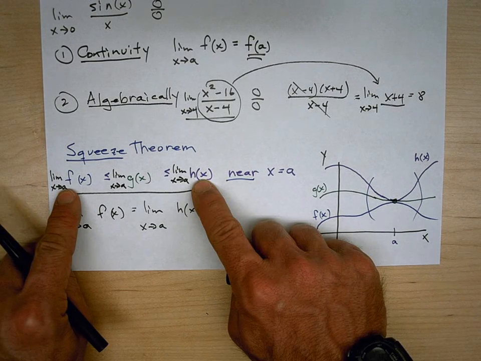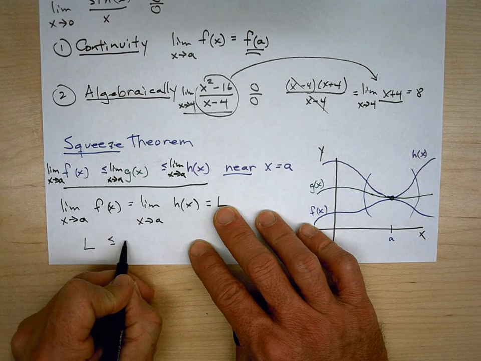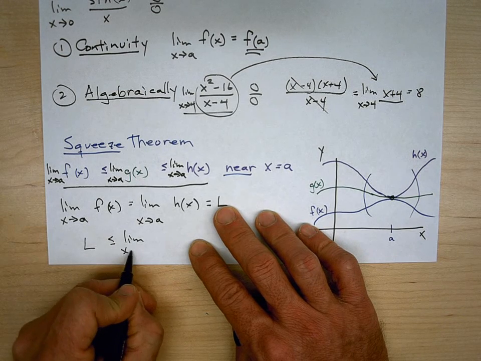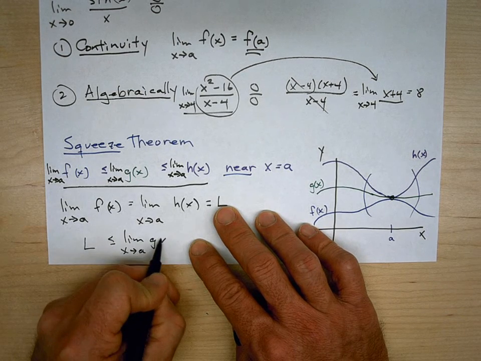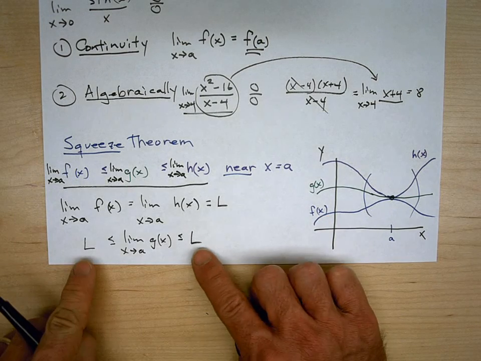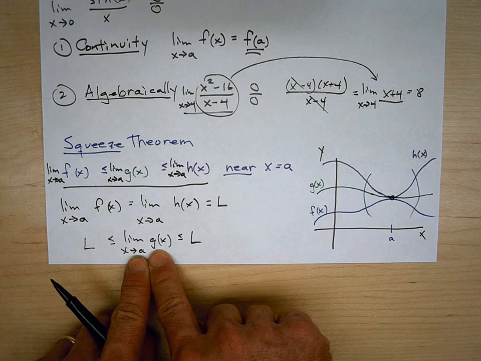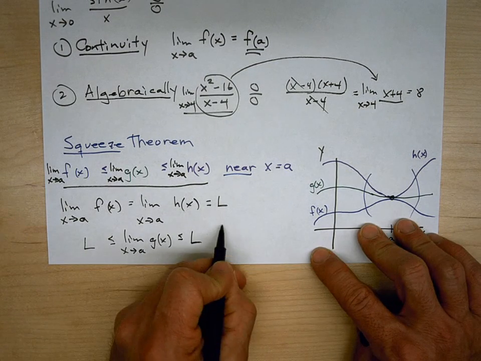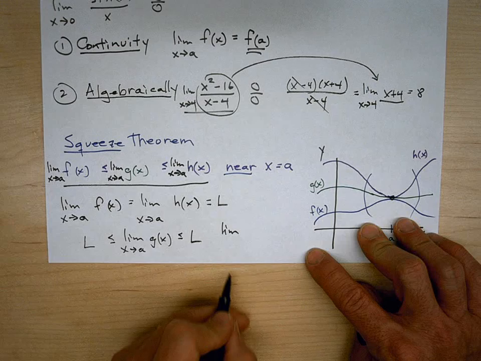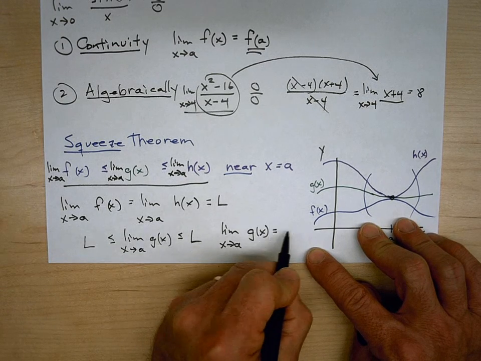If these both out here are L, ultimately what we're going to have is that L is less than or equal to the limit as x approaches a of g of x, which is less than or equal to L. Well, if L is less than or equal to L, then there's no place for this to go, right? That means, and this is the conclusion of the Squeeze Theorem, that the limit as x approaches a of g of x is also L.